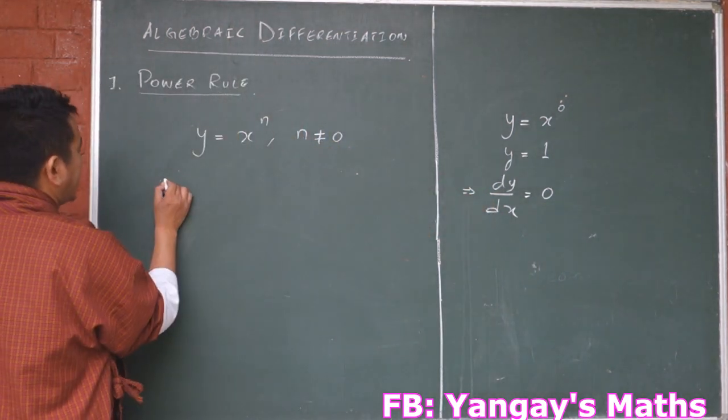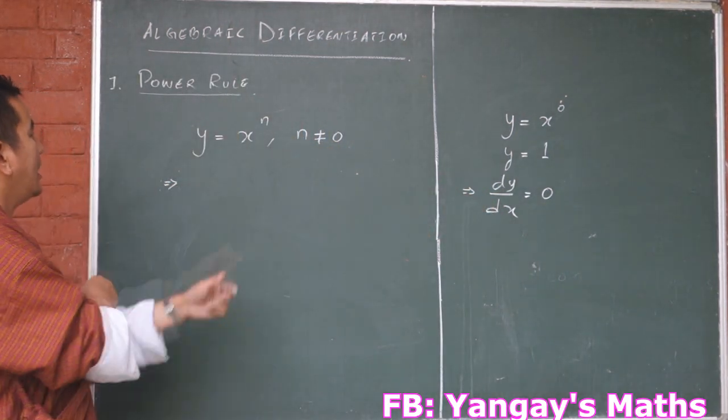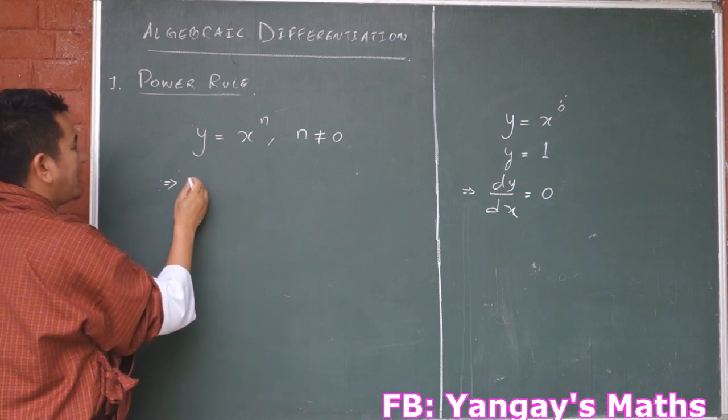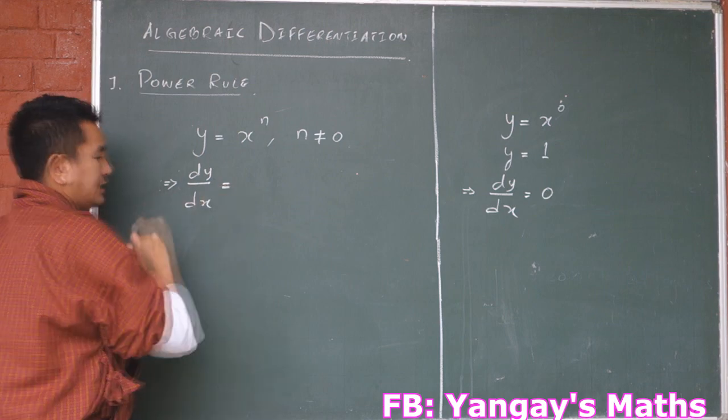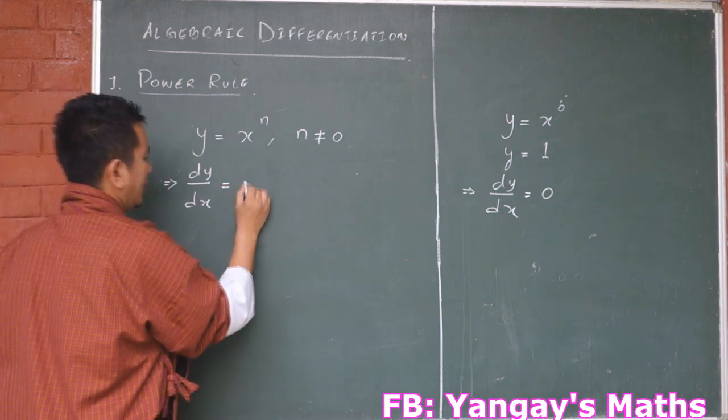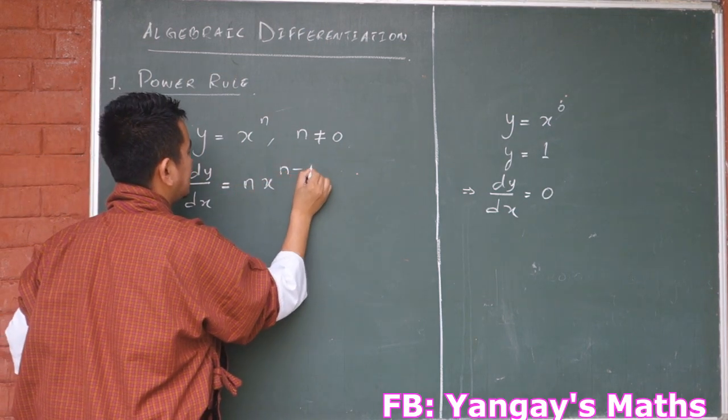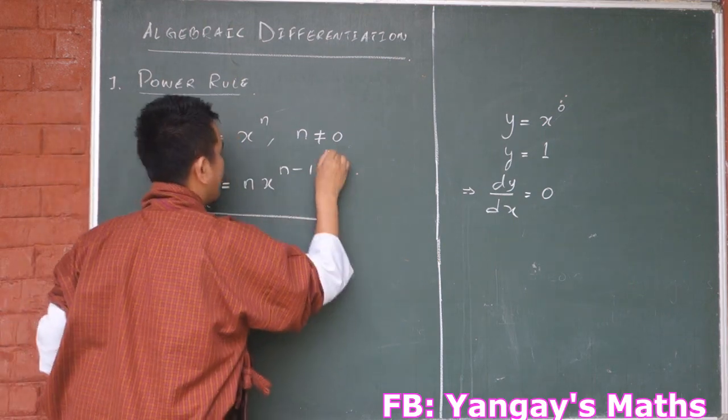That is why, when you differentiate this function, as per the power rule, dy by dx is equivalent to n x raised to n minus 1. This is known as a power rule.